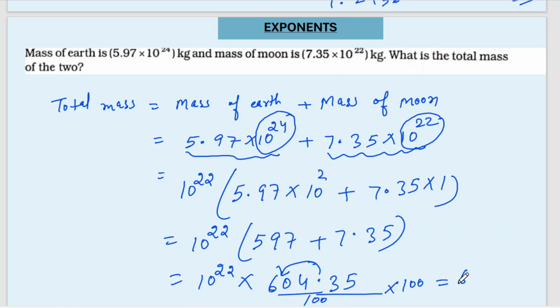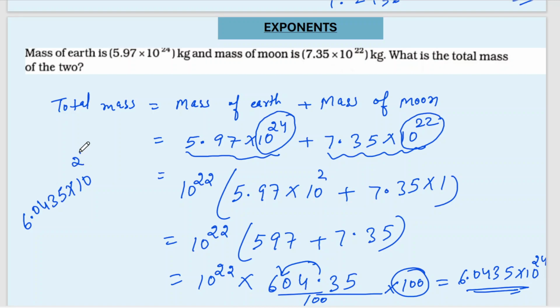So I will get 6.0435 into 10 to the power how much? See, 10 to the power 22 and 10 to the power 2. So it is 10 to the power 24. So your final answer is 6.0435 into 10 to the power 24 kg. So this is your final answer. Okay.